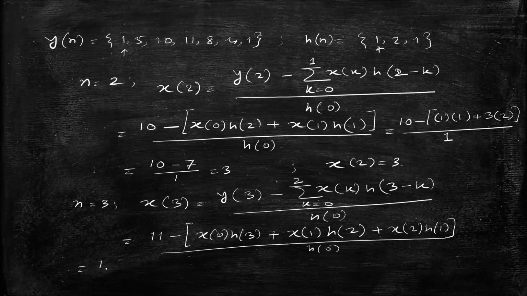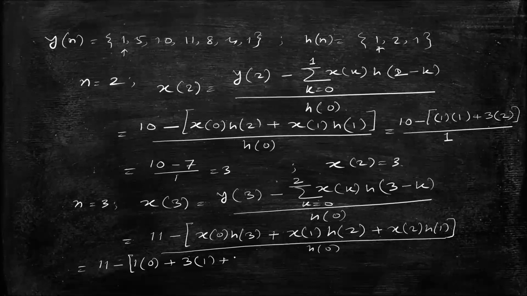So now put these values: 11 minus x of 0, what was the value of x of 0? The value of x of 0 was 1. h of 3 has no value here so it will be 0. Okay, what was the value of x of 1? The value of x of 1 was 3, and the value of h of 2 is 0 1 2 1. Okay, next is x of 2. What is the value of x of 2? It is 3, and the value of h of 1 is 2. So that will be closed and then by h of 0, that is 1, I am not writing 1 by 1.